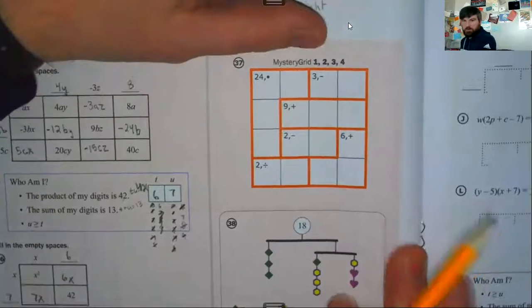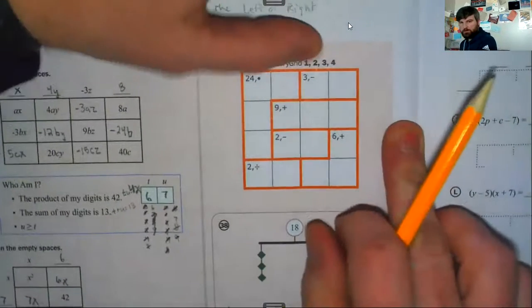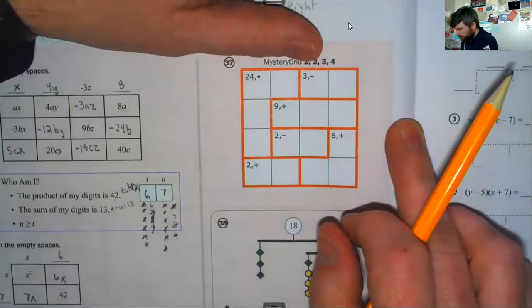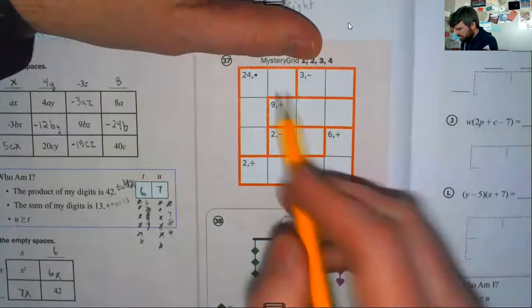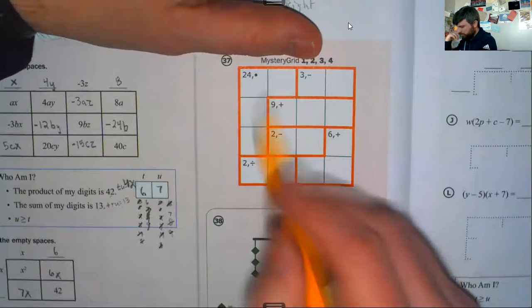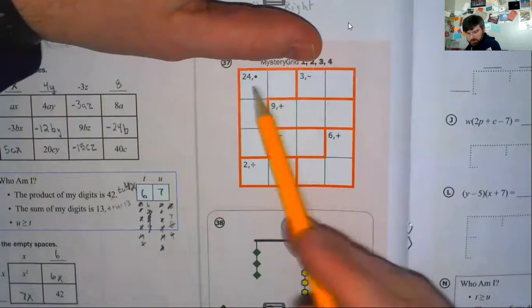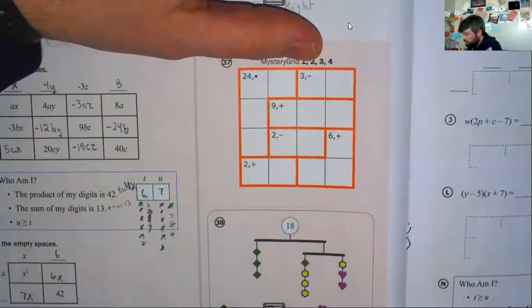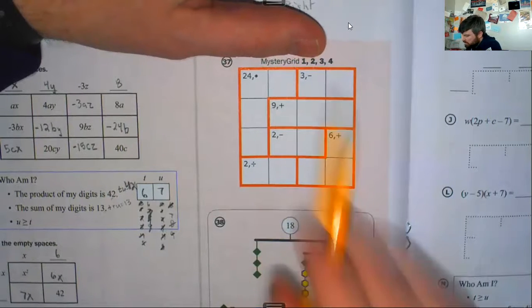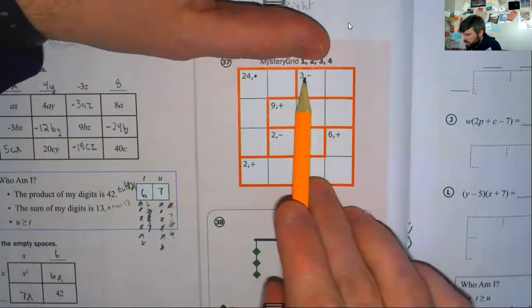Okay, mystery grid. 1, 2, 3, 4. Here we got a column of 4 or a group of 4 here. Might be the same numbers repeated somewhere, or they could all be different. So here's a 3 with subtraction.